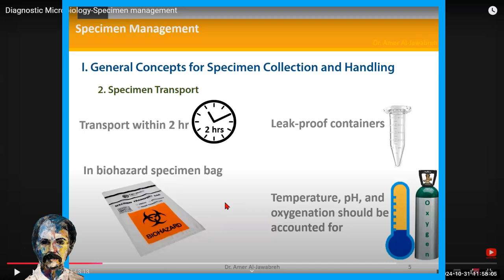We call these pre-analytical: these things or problems that face us before doing the analysis. Most problems come from here. Don't underestimate these pre-analytical conditions. Most of the problems come from them.